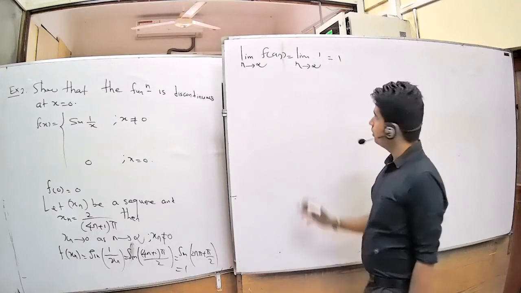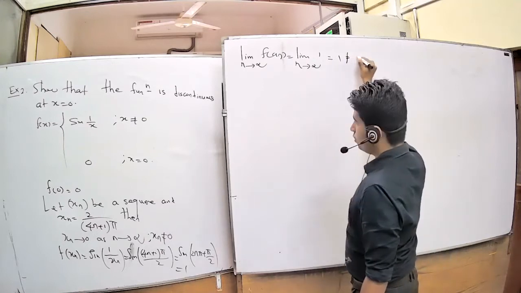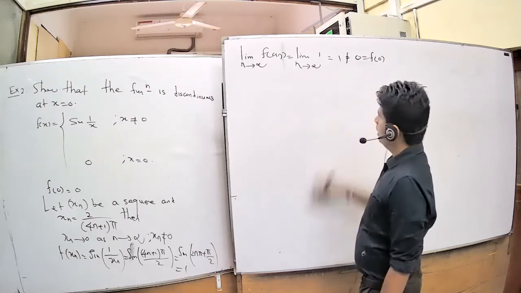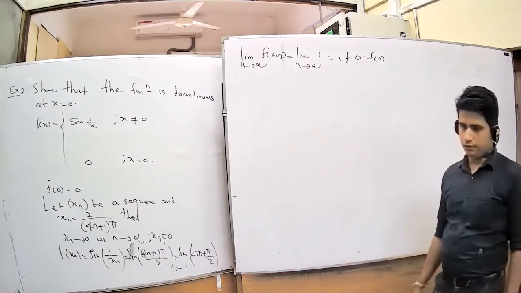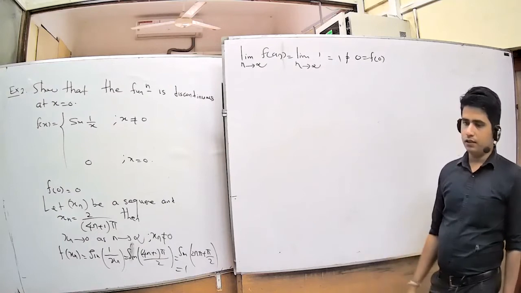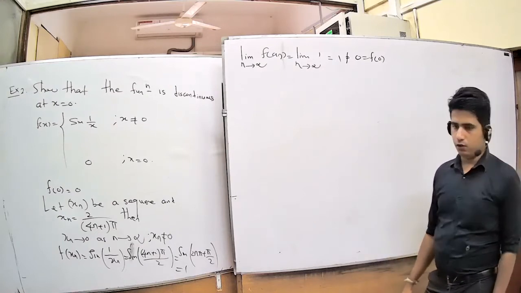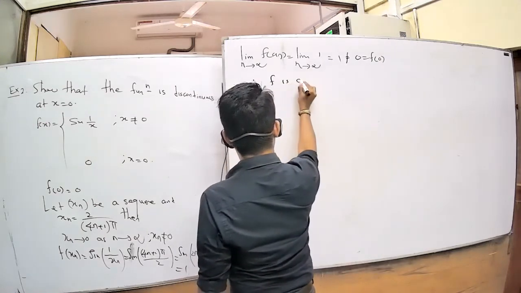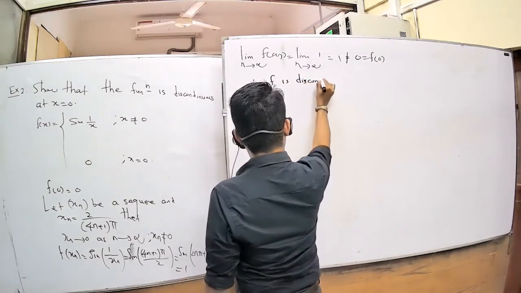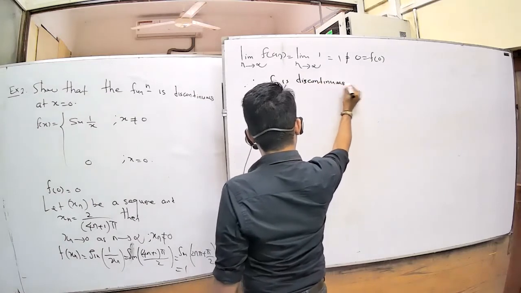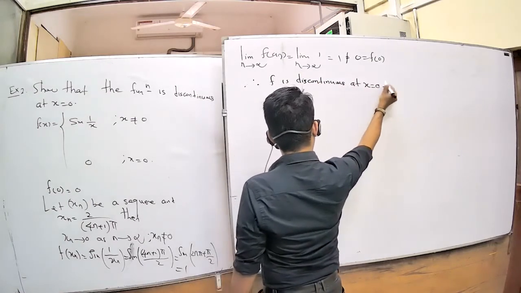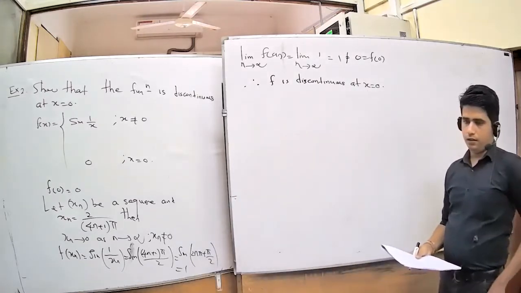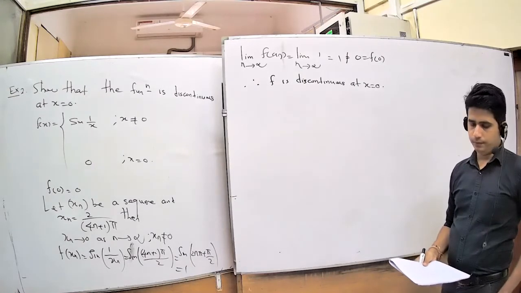What is f of a? It's not equal to f of 0. Therefore, f is not a continuous function. That means f is discontinuous at x equal to 0.